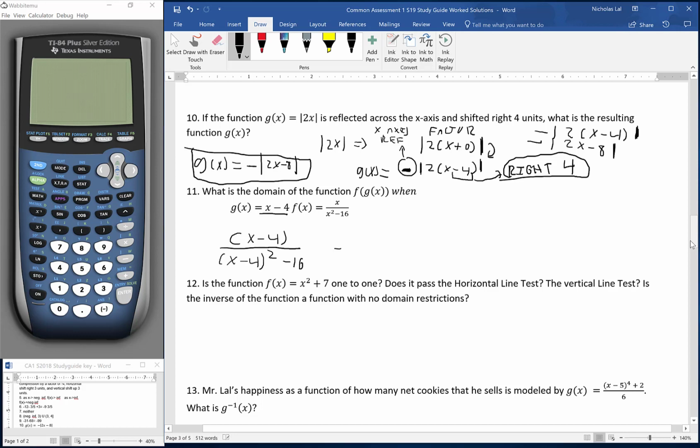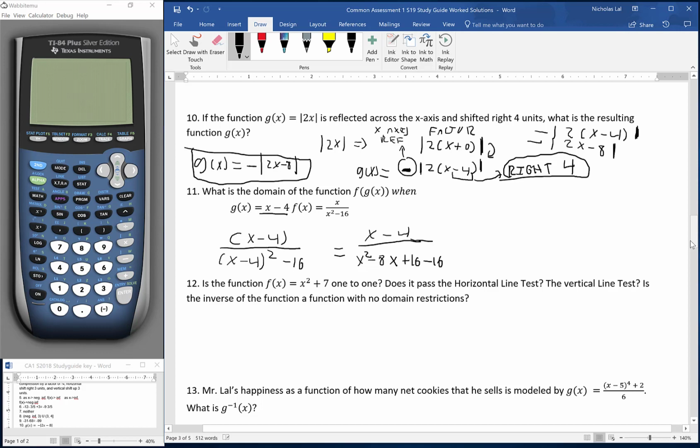So that's going to be equal to x minus 4 over x squared, 2 times negative 4 is negative 8 times x, so x squared minus 8x, and negative 4 squared is 16, plus 16 minus 16.